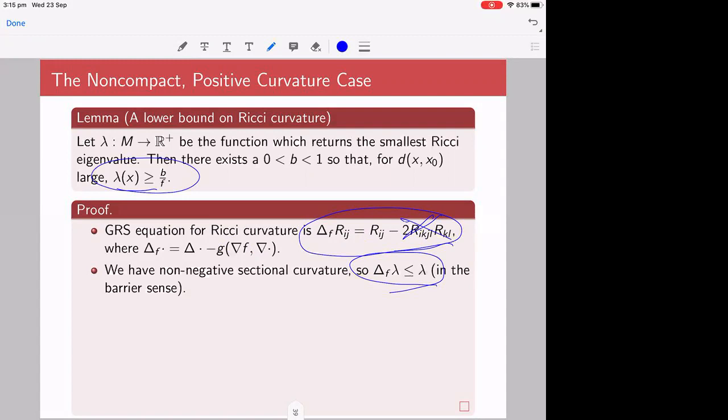Now, of course, you might pull me up here and say, well, Tim, that doesn't make any sense because you just said that this function lambda isn't even smooth. So how on earth can you justify writing such an equation? Well, at least we can make sense of this equation in the barrier sense, is what Munteanu and Wang say in their paper. Now, exactly what does that mean?